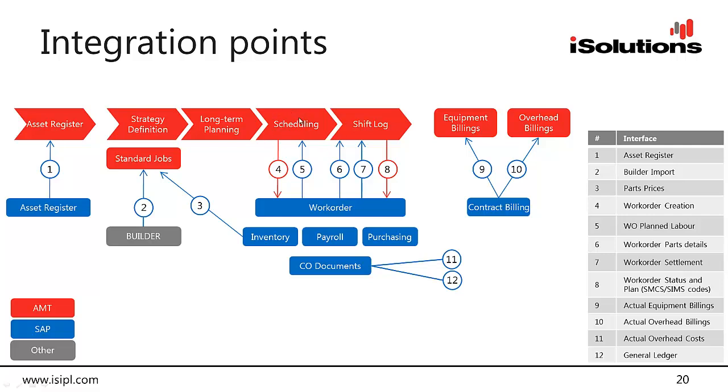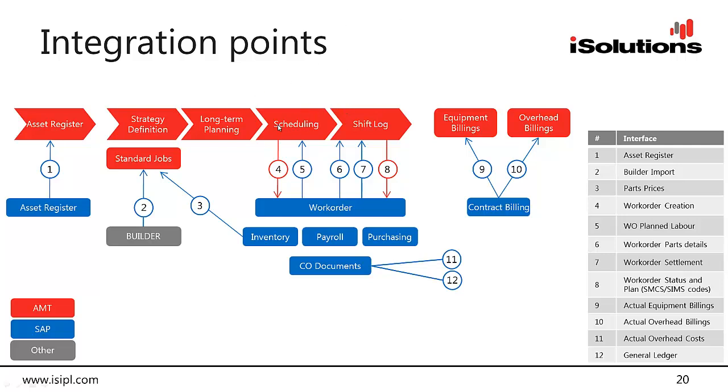Now, normally we have scheduling and planning here, but the way this works is this is the tightest point of integration with SAP. So this is where AMT is sitting very tightly on top of the SAP work order. So any jobs that need to be performed are first of all captured within AMT. So this can either come from your strategy, i.e. a PM service when it becomes due appears in the planning screen in AMT, or it can be a general defect that is just raised directly in AMT.